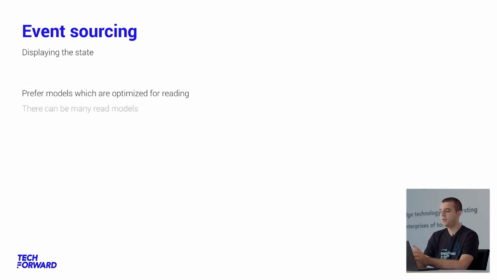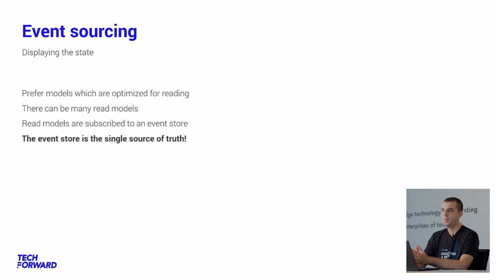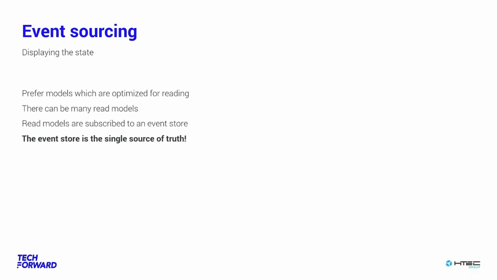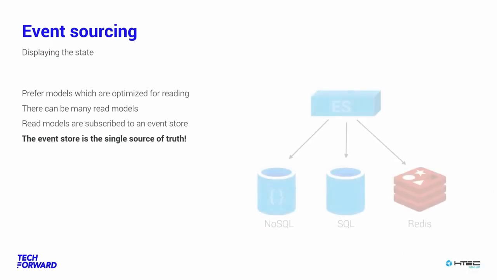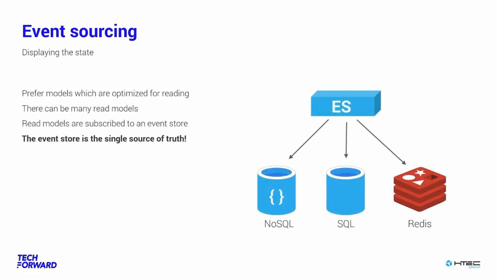We can have multiple read models in our system, and each and every one of them is optimized in its own way. But all of them are subscribed to an event store. And in this situation, the event store remains the single source of truth. So, like shown on the diagram here, I have a NoSQL database and a Redis cache.